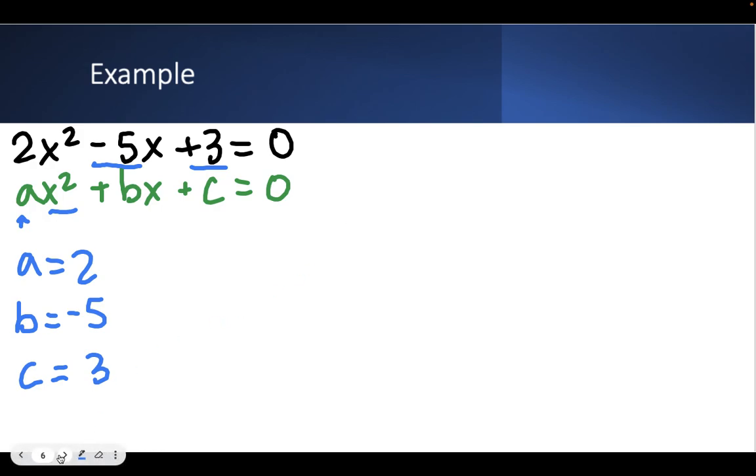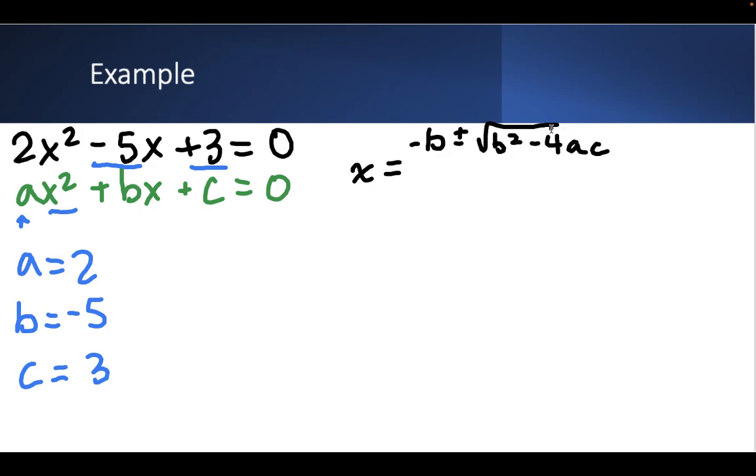Now our second step is to substitute these values into the quadratic formula. Let me write our formula here. So x is equal to minus b plus or minus the square root of b squared minus 4ac over 2a.